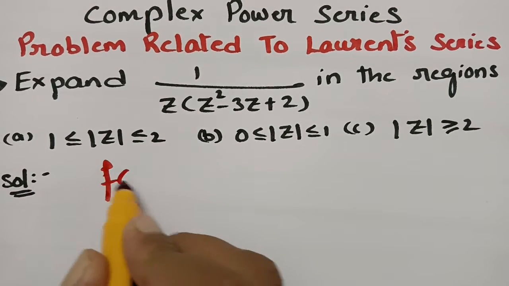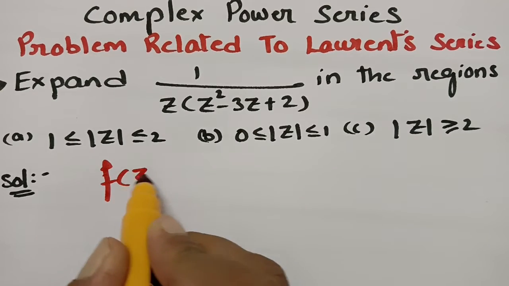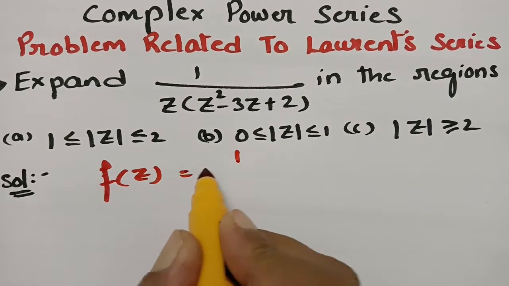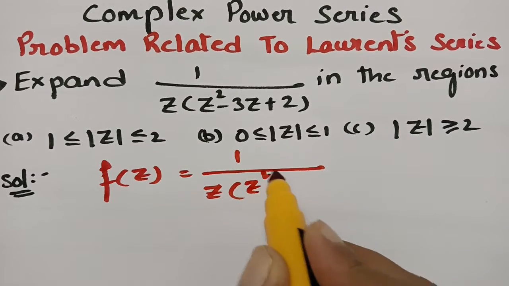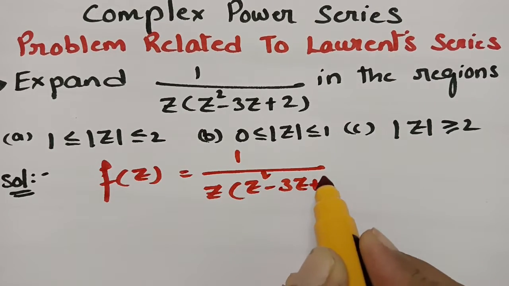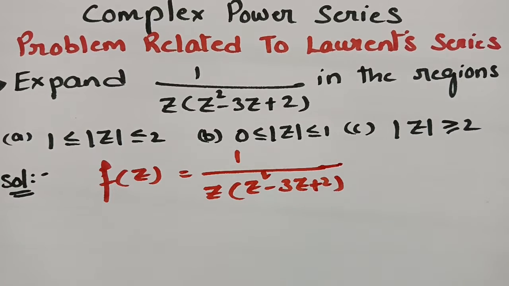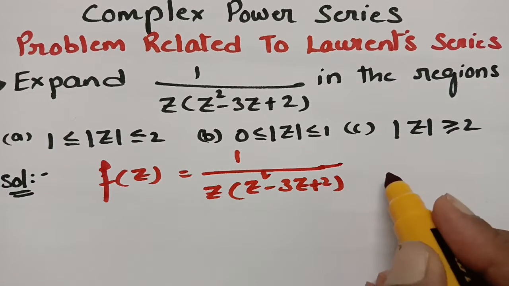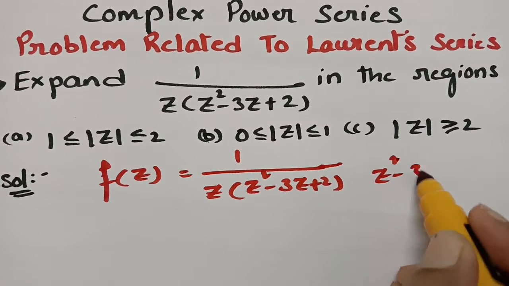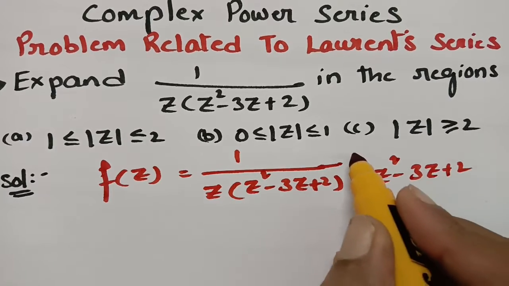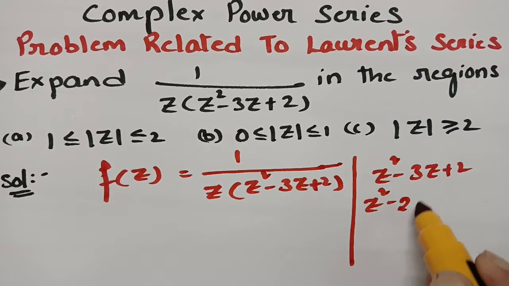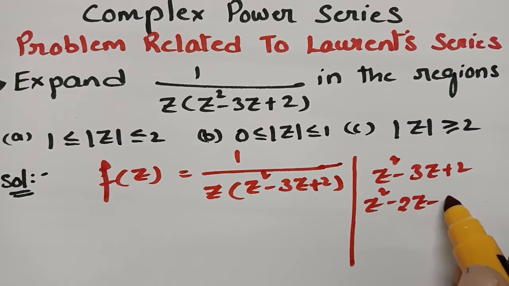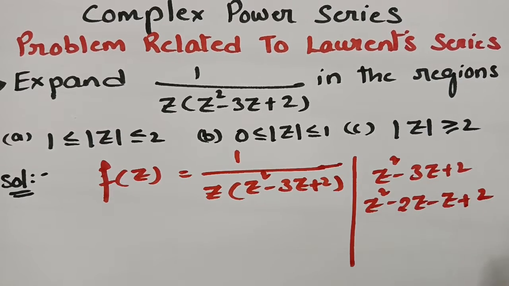So what is f of z given? f of z is given as 1 by z into z square minus 3z plus 2. Clear? Now if I take the factors for this, z square minus 3z plus 2 can be written as z square minus 2z minus z plus 2.